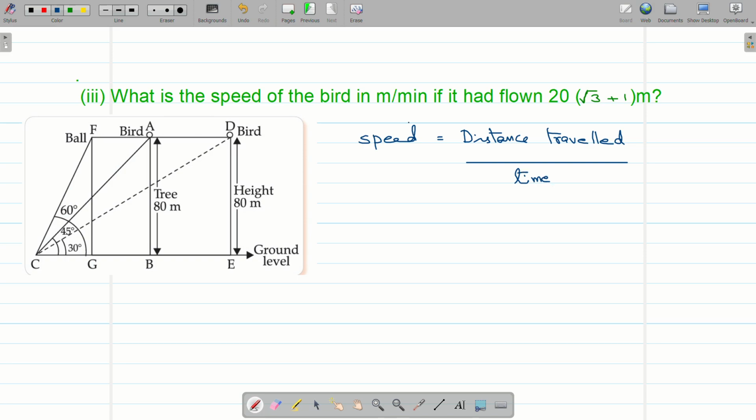The distance traveled is given, 20 into bracket root 3 plus 1 meters, and the time taken is 2 seconds.